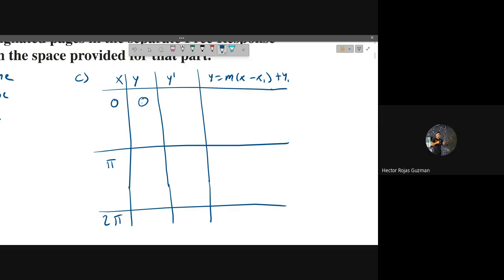It was given to us. The derivative is 5, which means my tangent line is 5x minus 0 plus 0. Use the tangent line to approximate the y value at pi, which is 5 pi. You get 1 point for doing Euler's method.